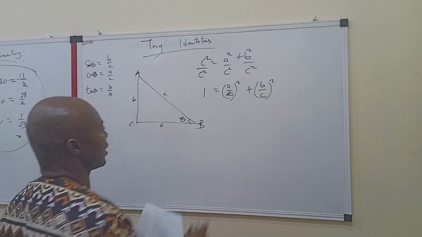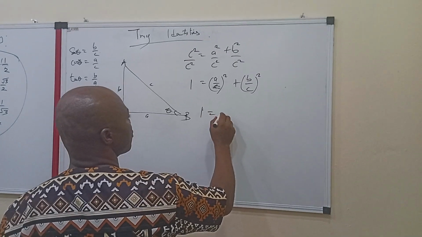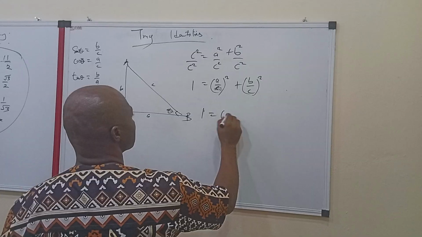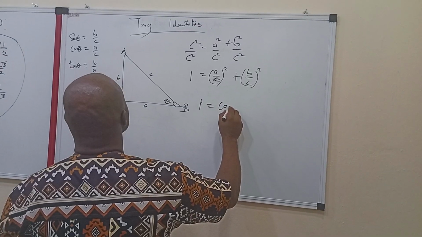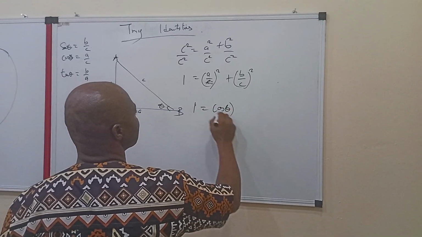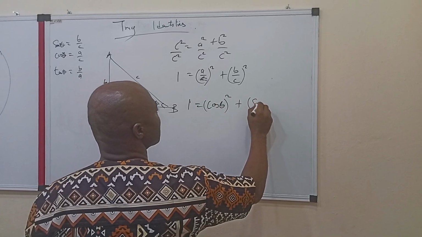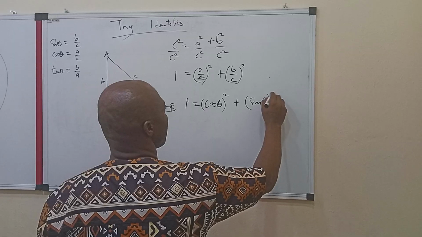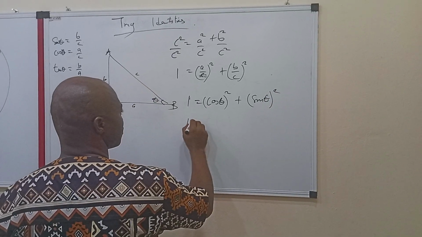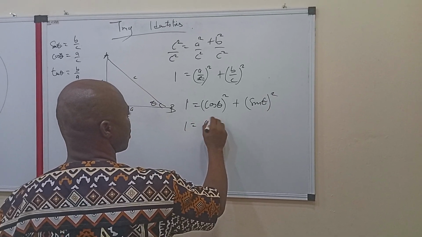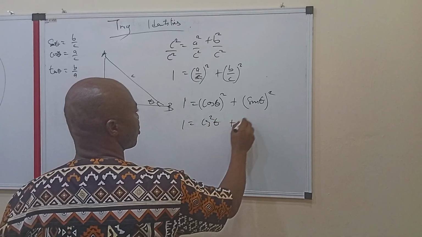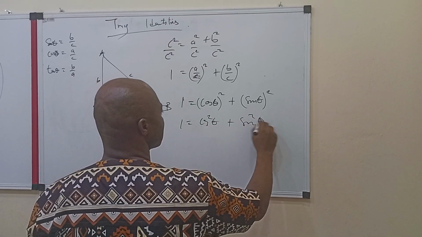So in place of this, we can have 1 is equal to cos theta all squared plus sine theta all squared. This is also the same thing as cos squared theta plus sine squared theta.